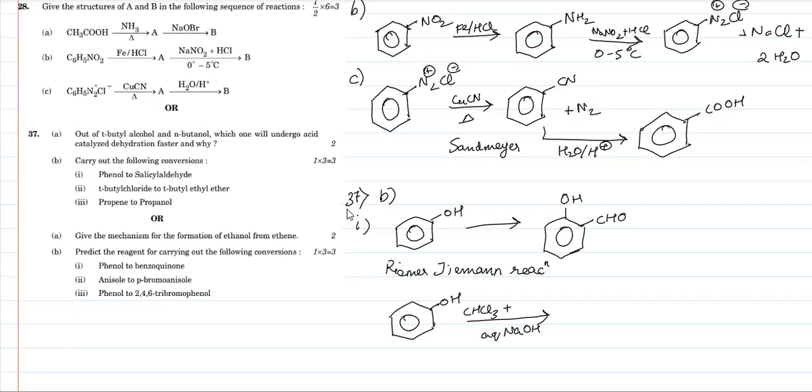And this leads to the formation of this particular intermediate where you have here the oxygen O minus. So since you have a sodium that happens, and then you have the CHCl2.